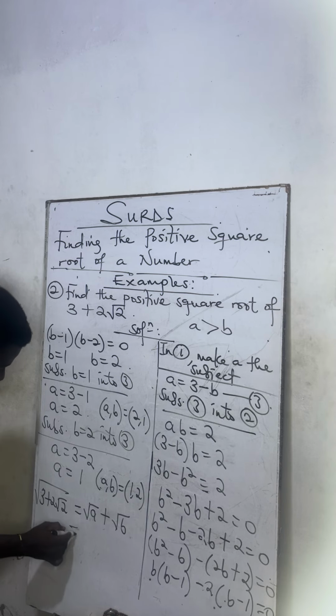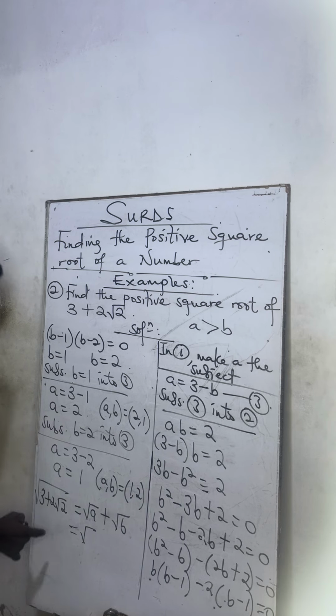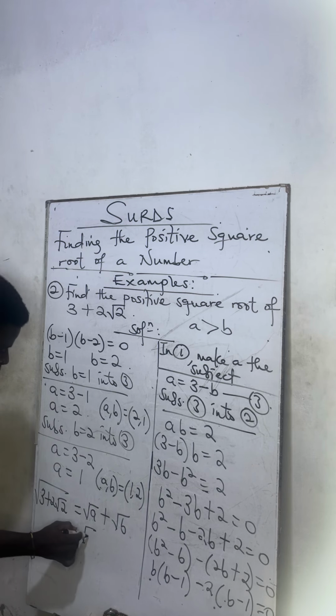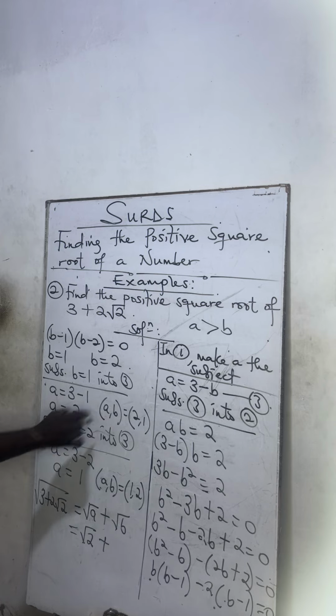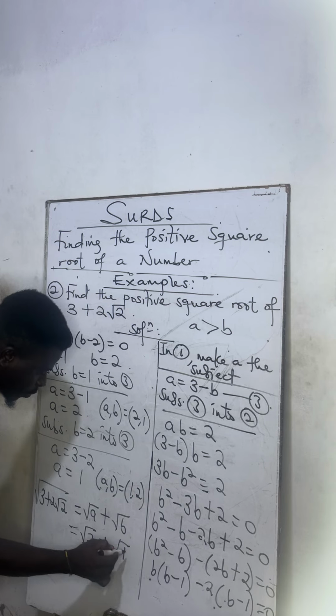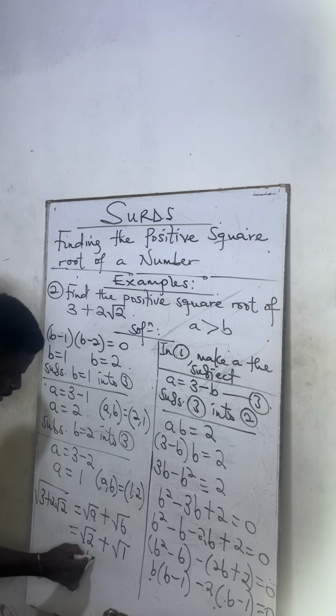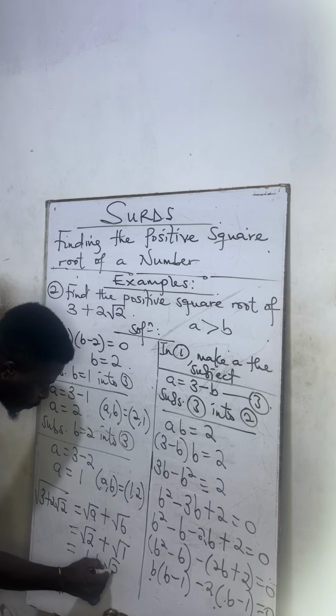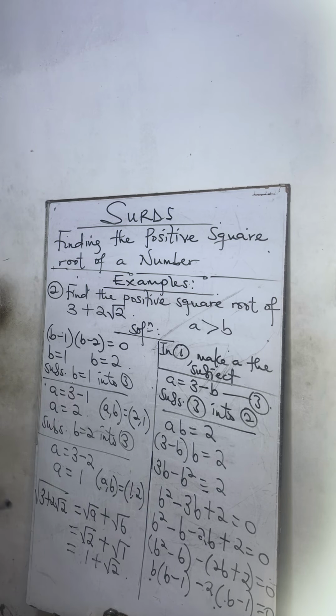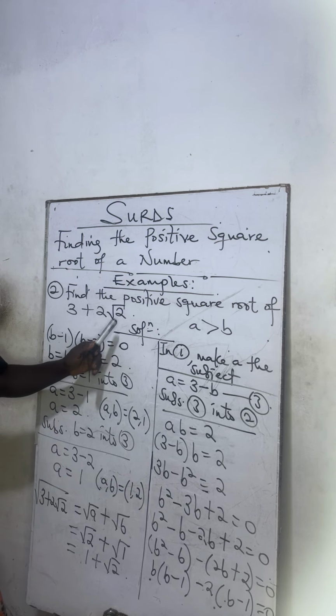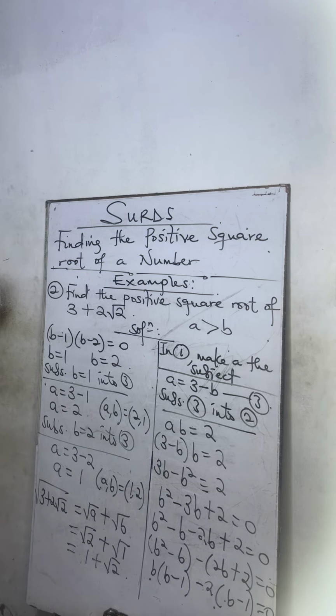So we choose a to be 2, so square root of 2, plus b as 1, so square root of 1. And this will be just 1 plus square root of 2. So the positive square root of 3 plus 2 square root of 2 is just 1 plus square root of 2. Very, very simple.